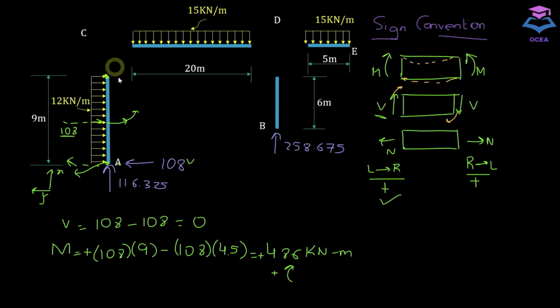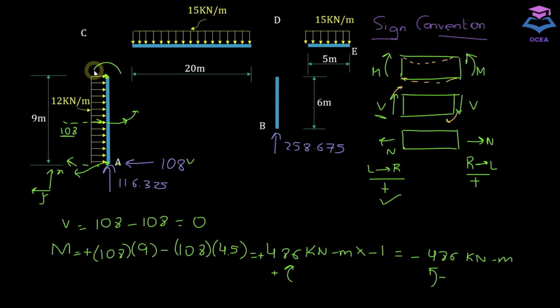Now remember, we need to apply internal force here in such a way that this segment, this member, is in equilibrium. So we just need to multiply this with -1, and this will be -486 kilonewton meter. This minus sign indicates that this is acting in counterclockwise direction.